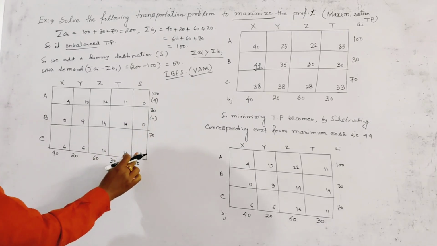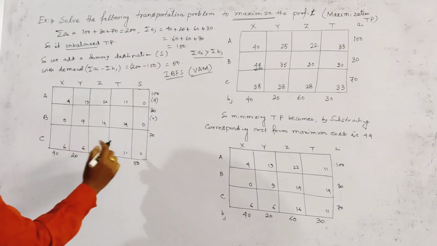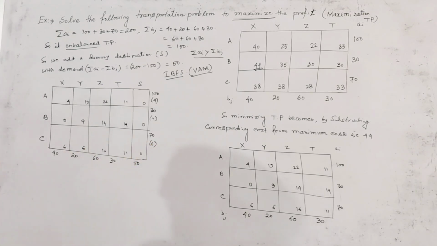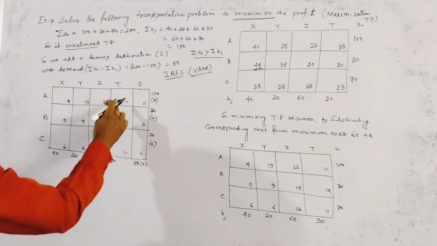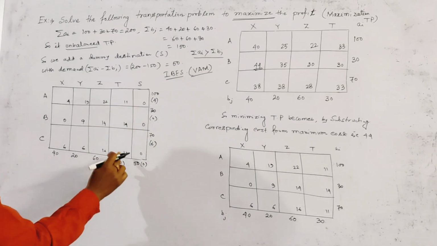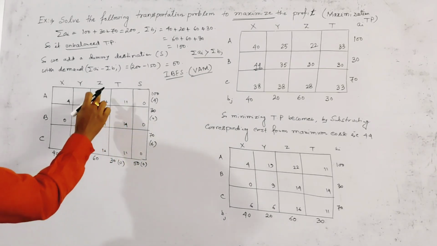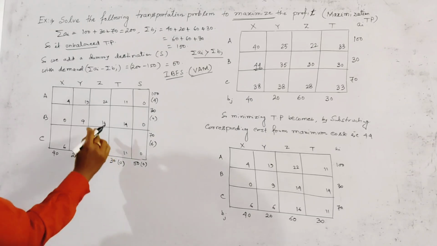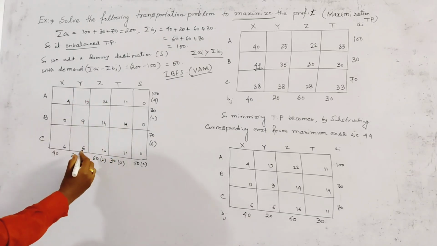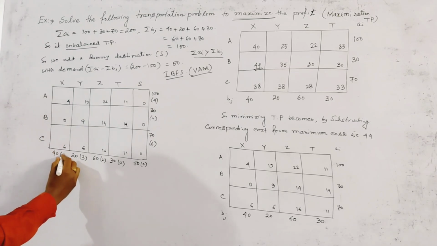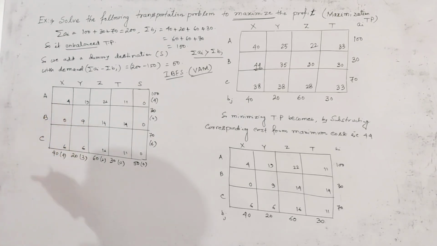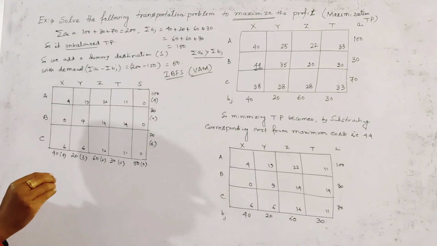For this row, it is 0 and the next is 6, so the penalty is 6. Similarly, the penalty for this column is 0. The penalty for this column is also 0 because of 11 and 11. The penalty of this column is 2 because of 14 and 16. The penalty of this column is 3 because of 6 and 9. And the penalty of this column is 4 because of 0 and 4. Now we find the maximum penalty.